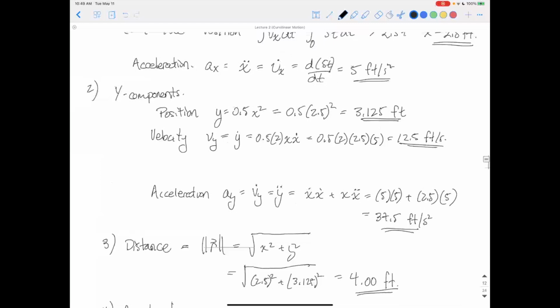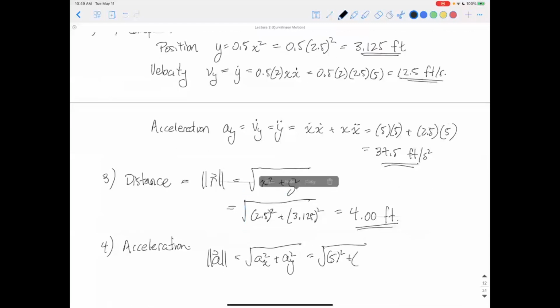Yeah, 5, squared, plus our ay squared, which is 37.5, which would give us 37.8 feet per second squared. So again, we just followed the same steps, calculated our components based on our path function, found the components of our position and acceleration, and then calculated the magnitudes of those based on the components.